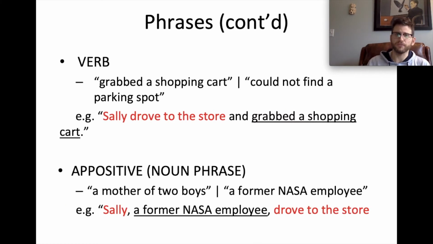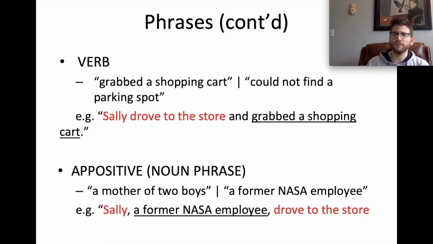Okay. A verb phrase, as the name suggests, is a phrase that's missing a subject. It has a verb, but it is missing a subject. So two examples of verb phrases. Grabbed a shopping cart, could not find a parking spot. Both of those have verbs. In the case of grabbed a shopping cart, grabbed is our verb in the past tense.